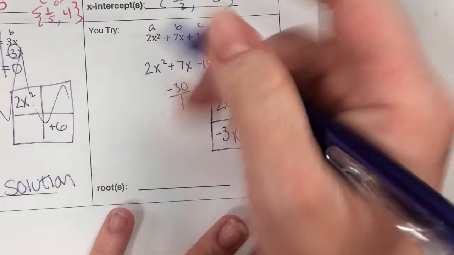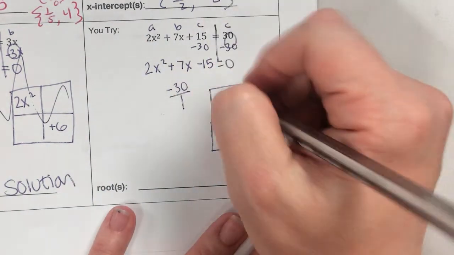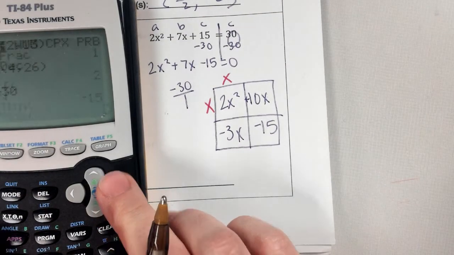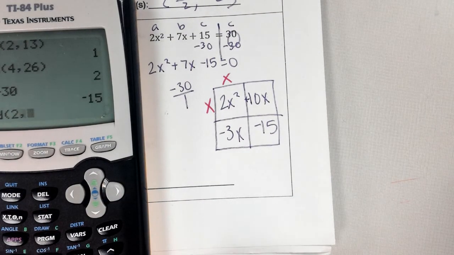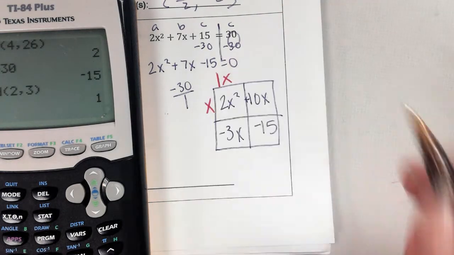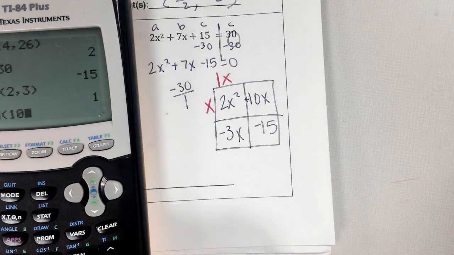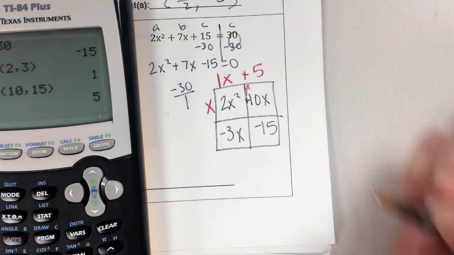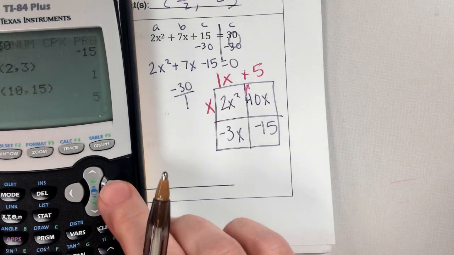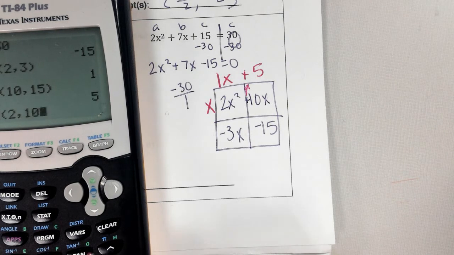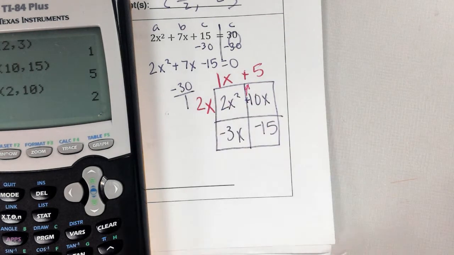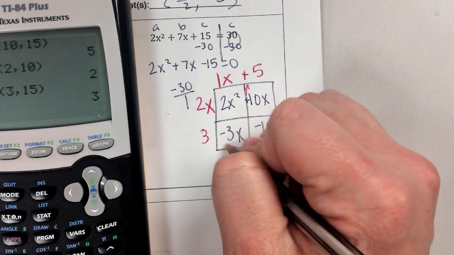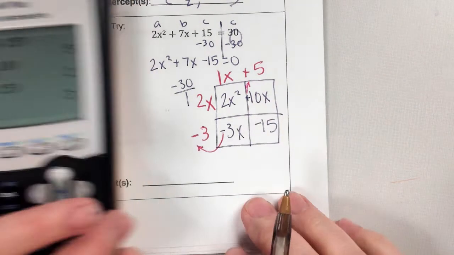Okay, so now I know an x always goes here and here. So this is 1. Math right 9, 10, comma 15. This is 5, and since this is positive, this is positive. So math right 9, 2, comma 10 is 2. Math right 9, 3, comma 15 is 3. Now because this is minus, this is going to be minus.